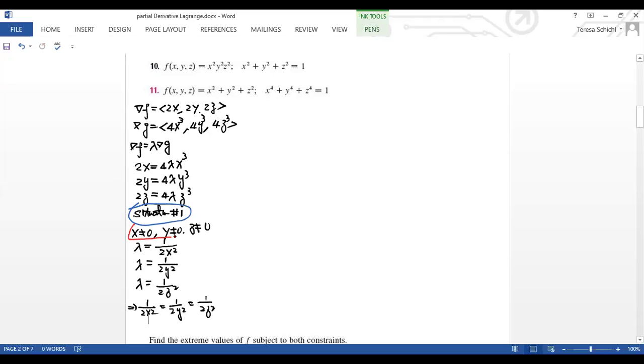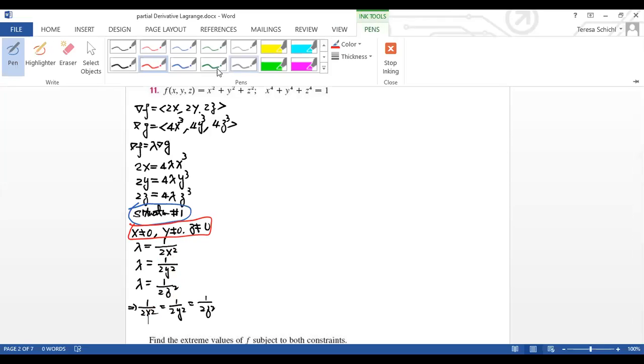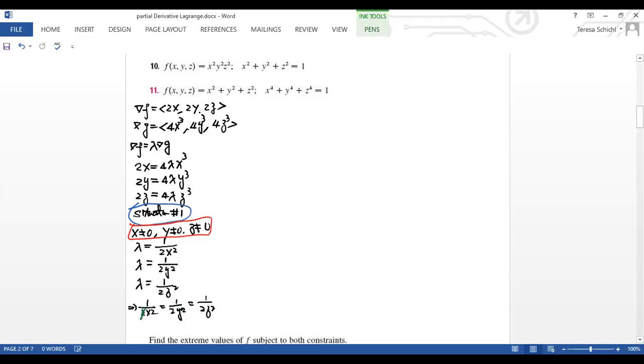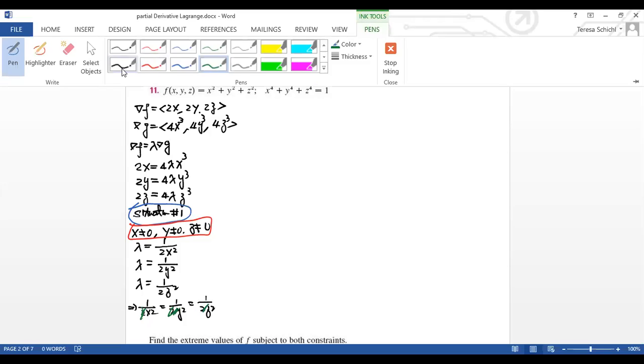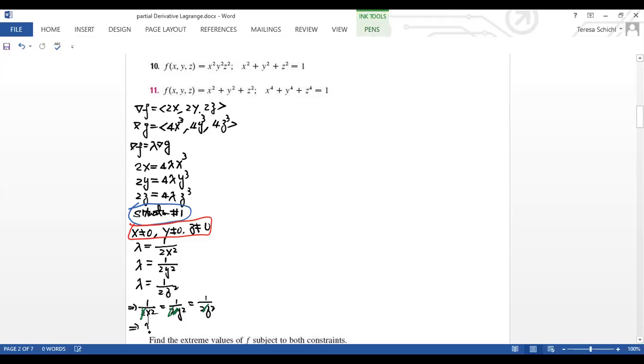The reason why situation number 1 is this one is because then I can put the x, y, z in the denominators, right? Okay, so here I can get rid of these 2s. From here, I know x squared equals y squared equals z squared.